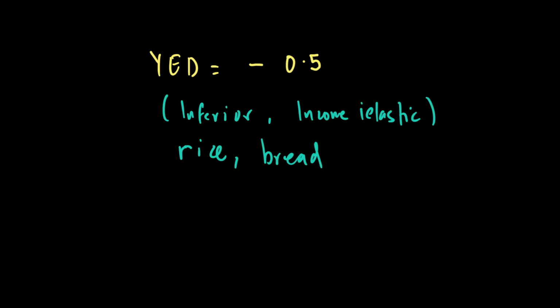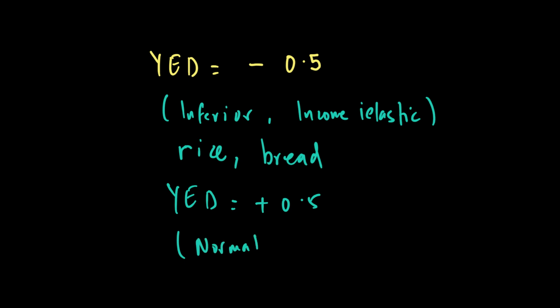So if you are somebody who's, let's say, consuming a lower quality rice, and when your income goes up you move on to a better quality rice, this means that lower quality rice is basically an income inelastic but inferior good. On the other hand, if your YD was a positive 0.5, I am looking at now an income inelastic but normal good.